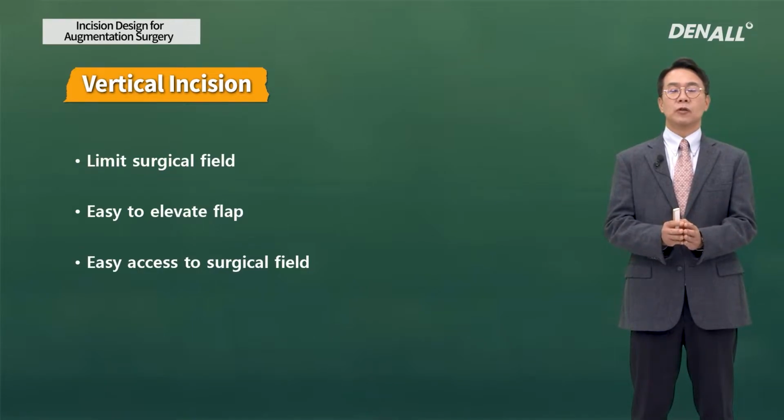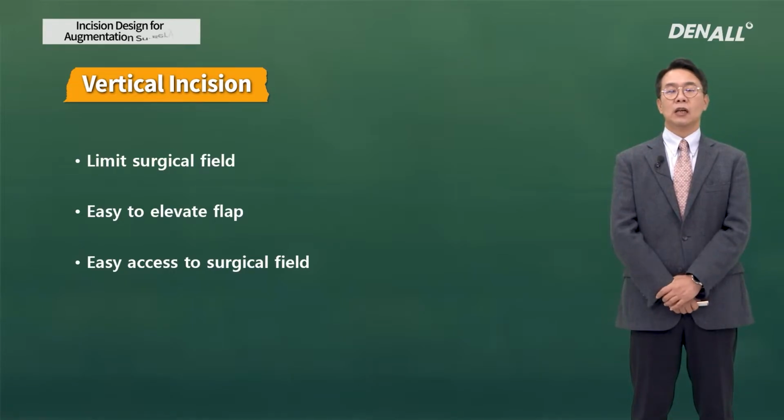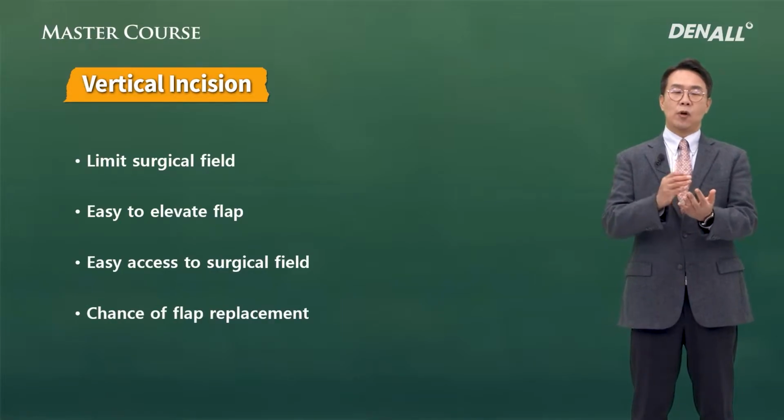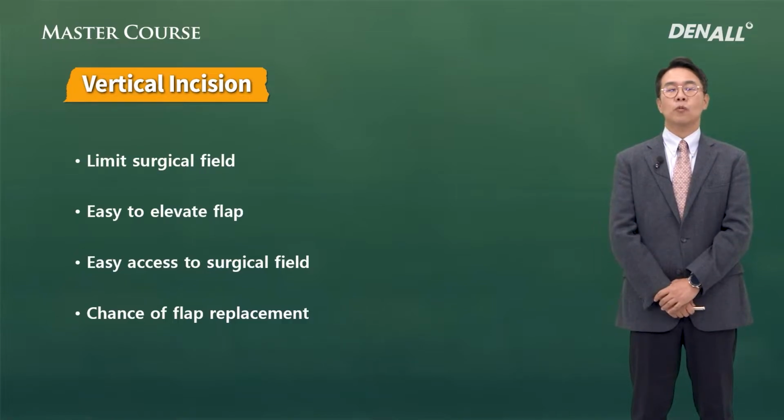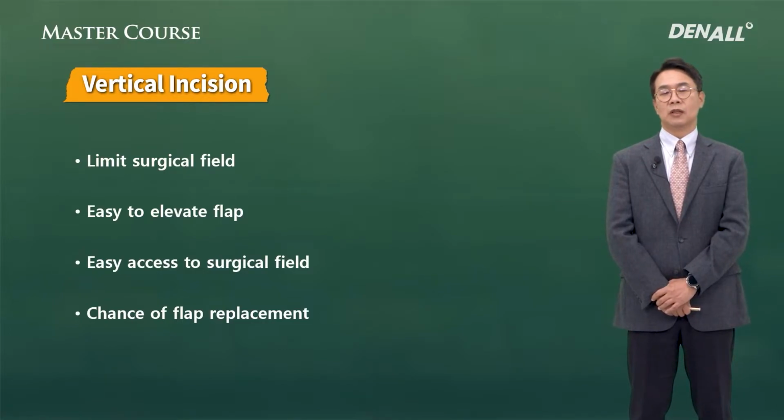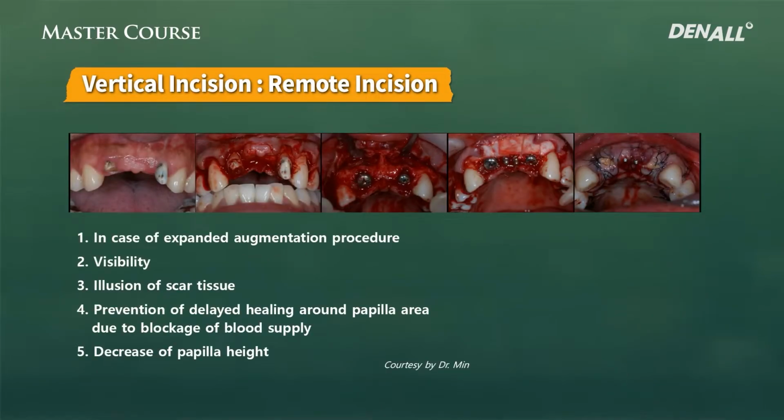The most important thing when it comes to surgery is to secure visibility. So access to the surgical field in terms of visibility is excellent. And when we need to replace or adjust the flap margin, this is helpful. So using vertical incisions can help augmentation procedures in the maxillary anterior region.